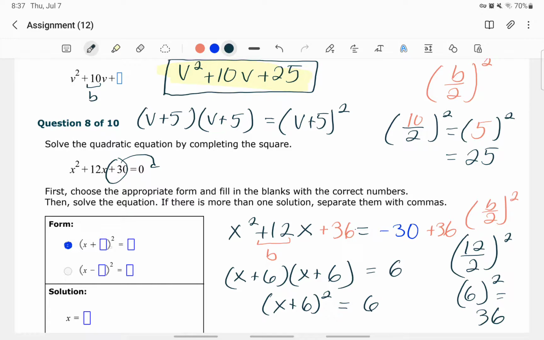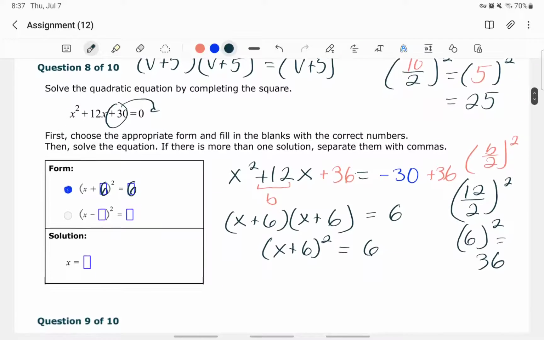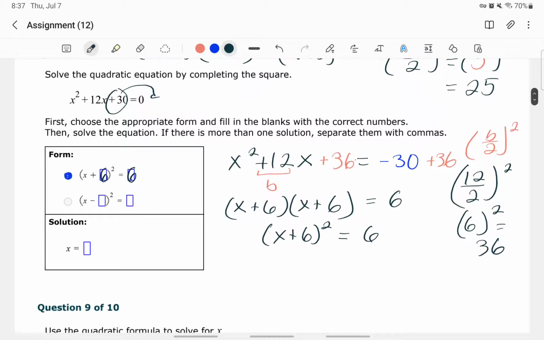So once again, we have our form. We can put a positive 6 in here, and it's also equals to 6. To get x by itself, we want to apply the square root to both sides. The power simplifies with the root.